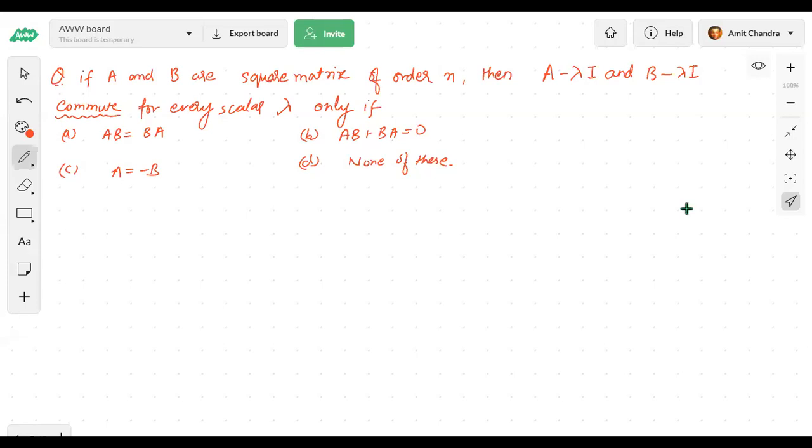It's a square matrix of order n. Square matrix of order n means it is of the form n cross n. Order 2 means 2 into 2. Square matrix of order 3 means 3 into 3. Yeah, the option is correct. Very good.